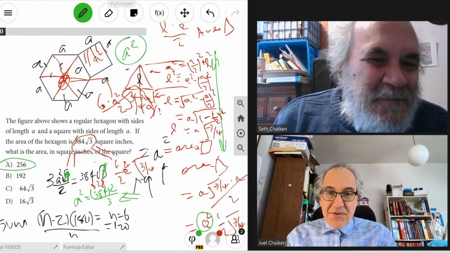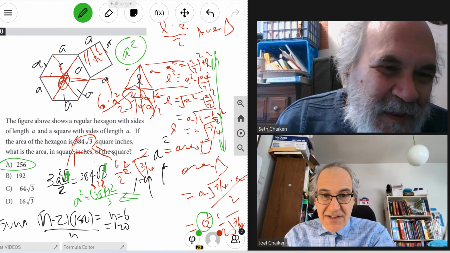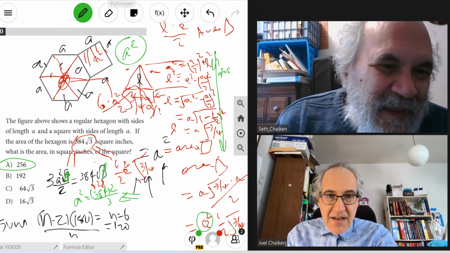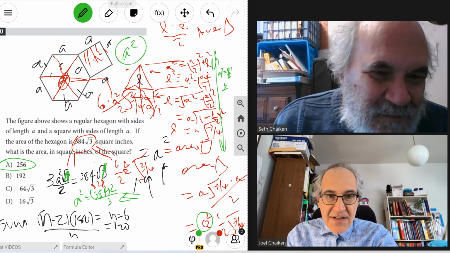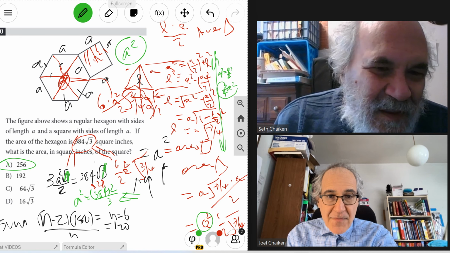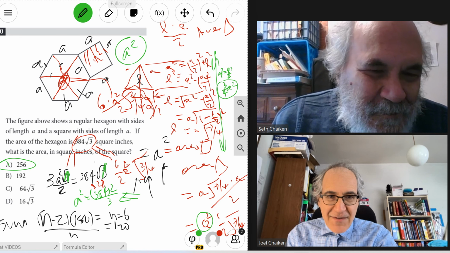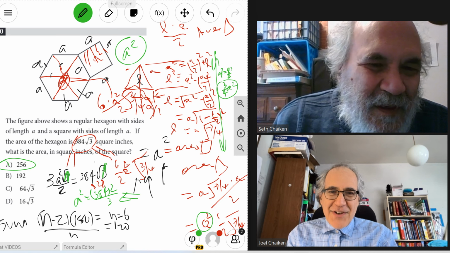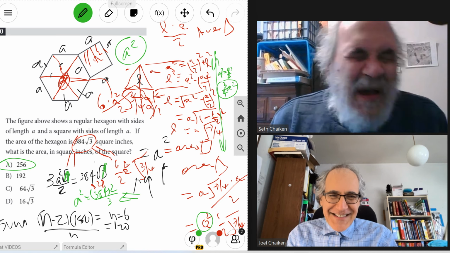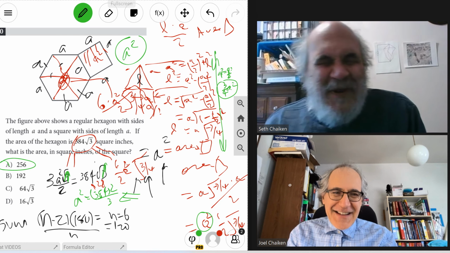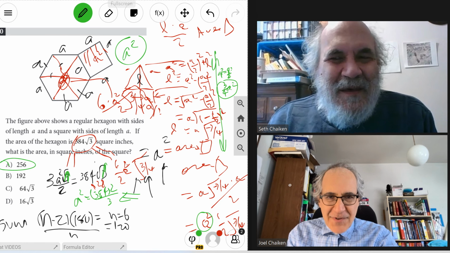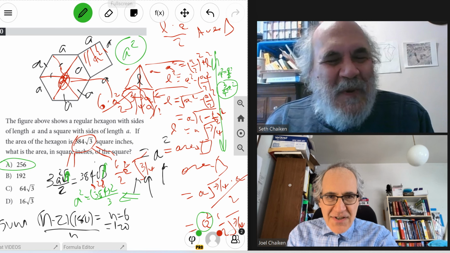I think there are two ways people would do it. People would do it this way, but as soon as they see this, they would do A squared minus A over 2 squared, and you would see it's 3/4 A squared. Most people would never factor out the A. That's like a PhD way of doing it. So most people would simplify this as 3/4 A squared.